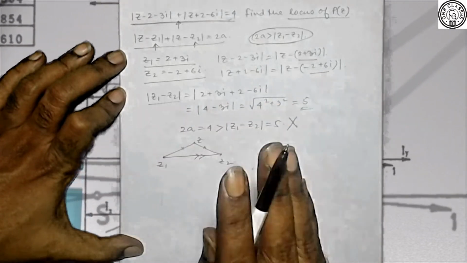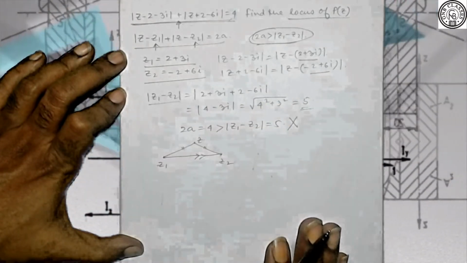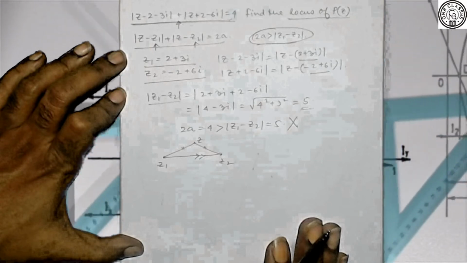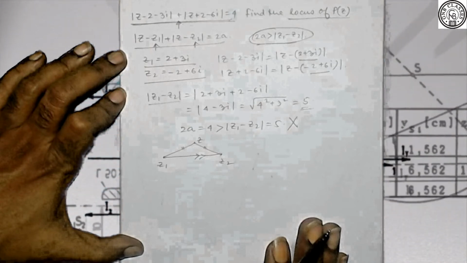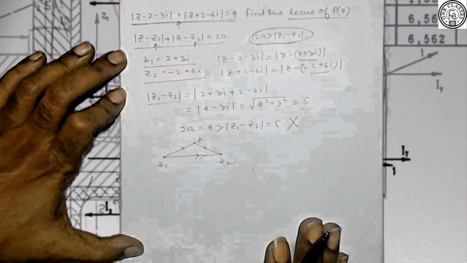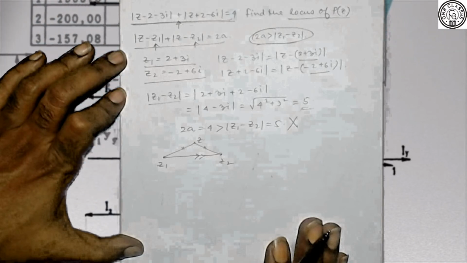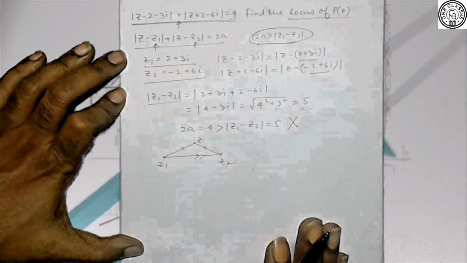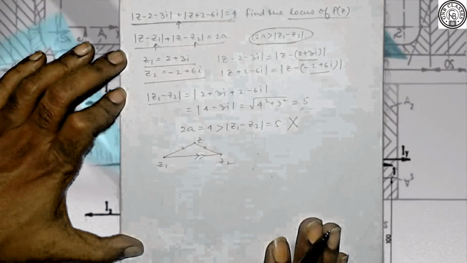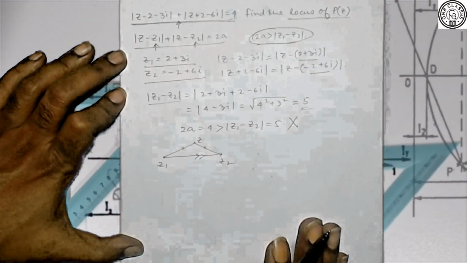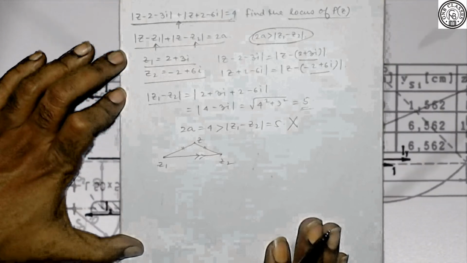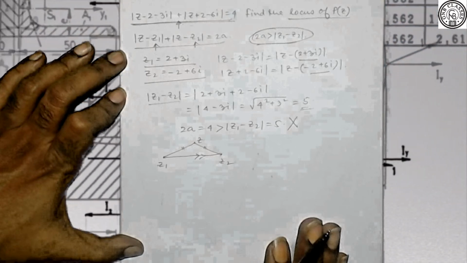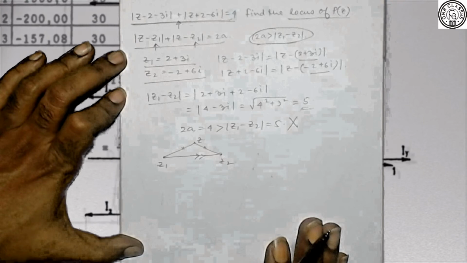But in this case, it is not satisfying. The sum of the distances of the variable point z from z1 and z2 is given as 4, but the third side, mod of z1 minus z2, is 5. Therefore, the sum of the two sides is not greater than the third side, hence it will not form any triangle.